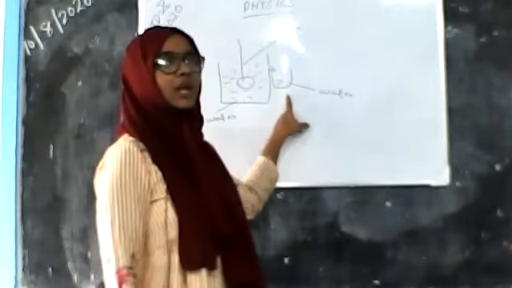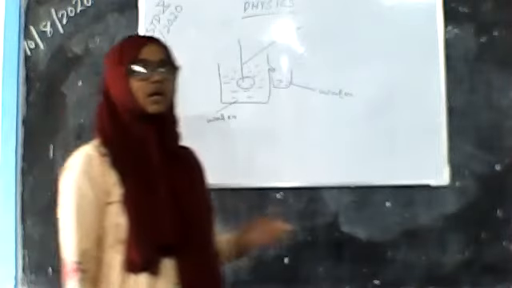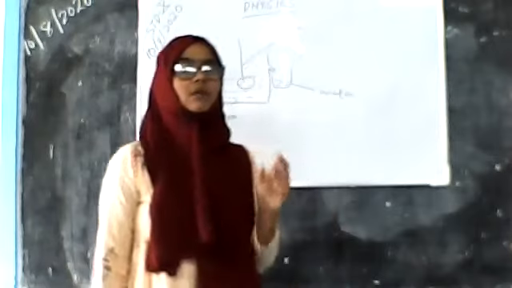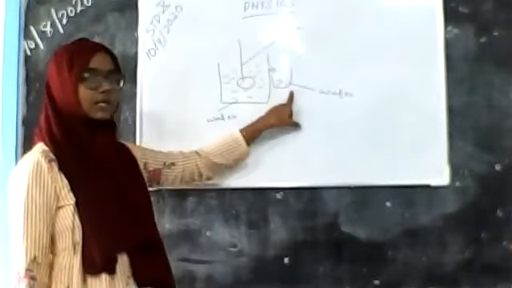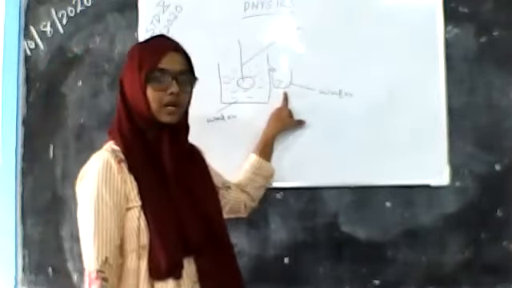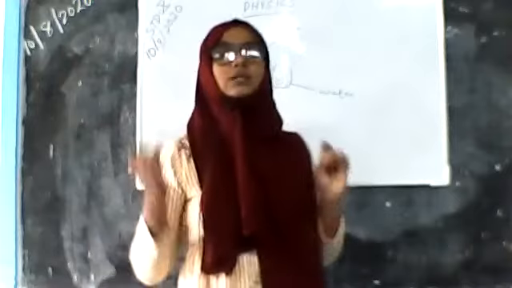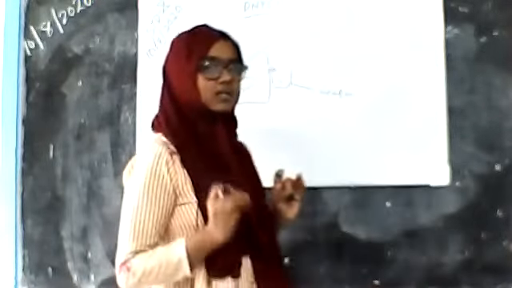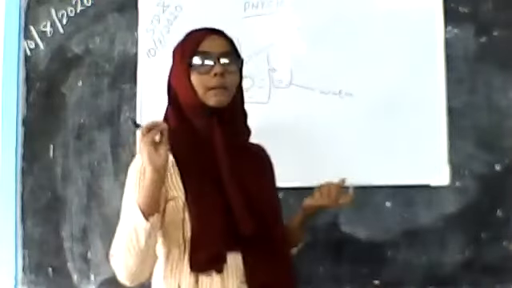Now we have to measure two things: the weight of the water that came into the second beaker and the weight of this stone. When we calculate with these two measures, we get an answer, and that answer is the buoyancy force.